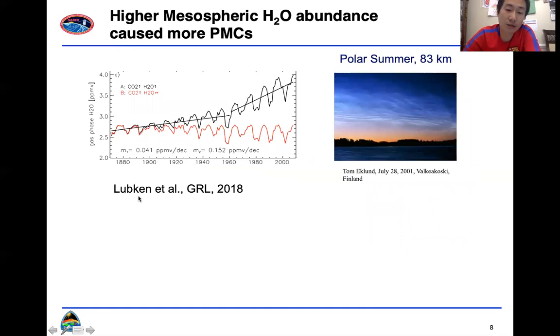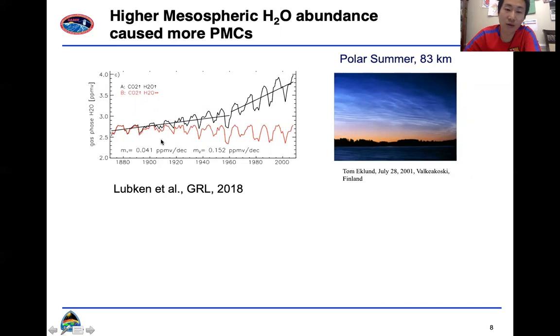According to the recent Lübken GRL 2018 paper, it shows that the increasing sighting, increasing abundance of polar mesospheric clouds in the summer polar region is caused by more water vapor.